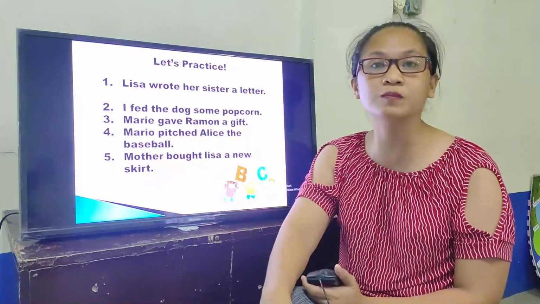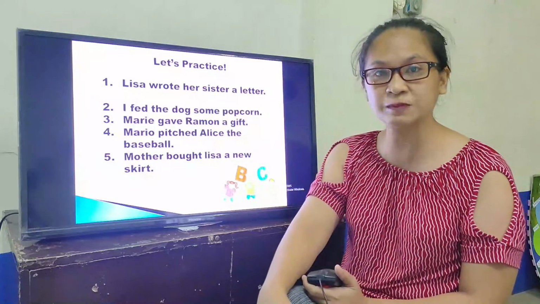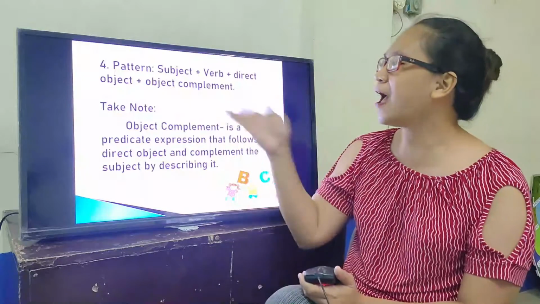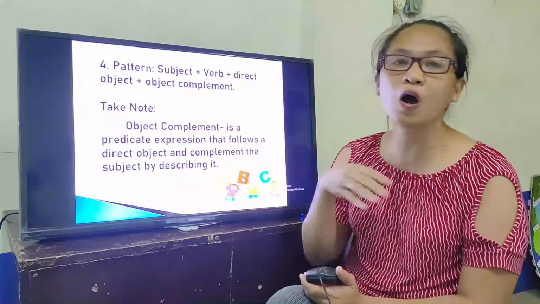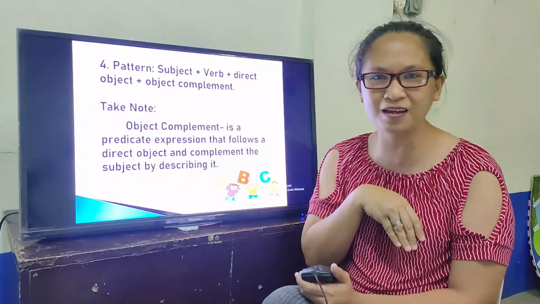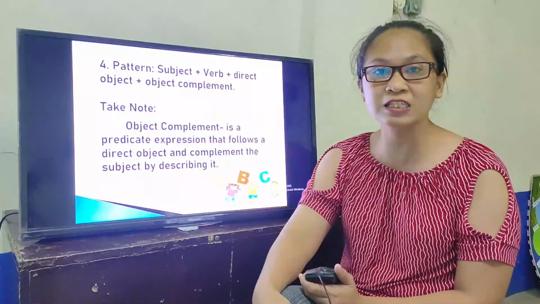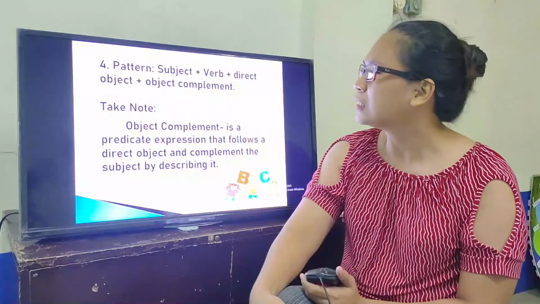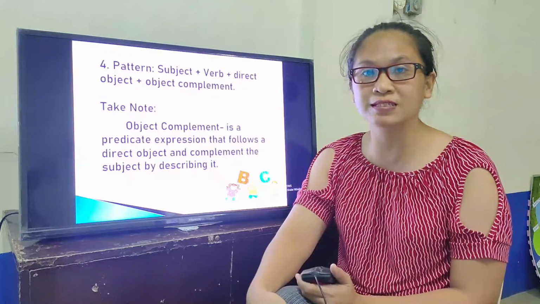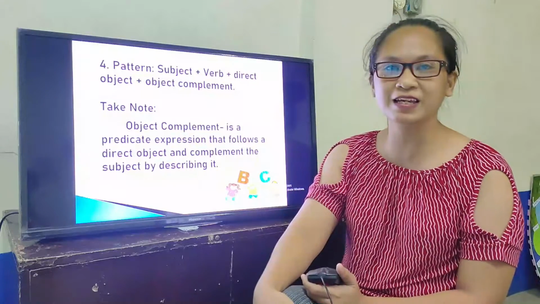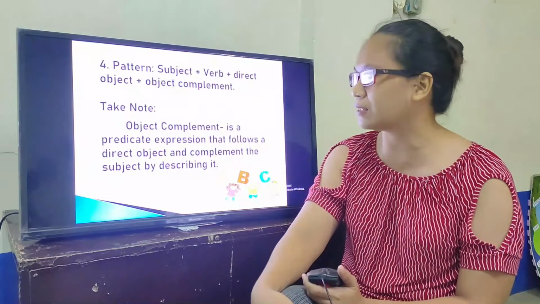Now let us move on to the next pattern, which is the pattern SVDOOC. So what do you mean by that? So S stands for subject, V stands for the verb, DO stands for the direct object, and OC stands for, very good, the object complement.